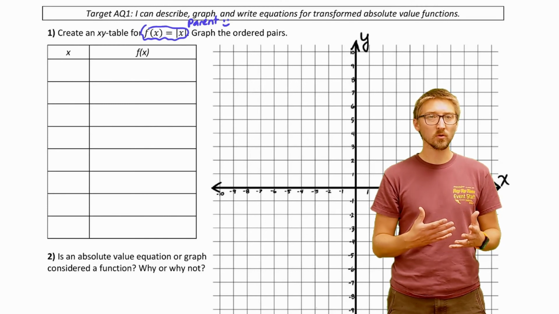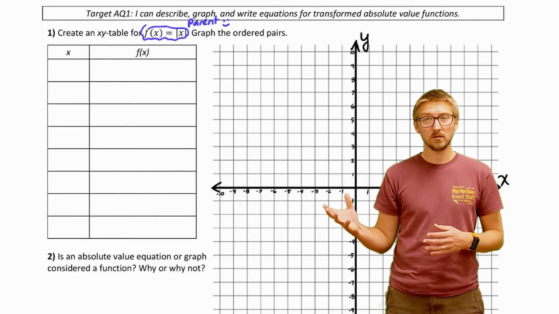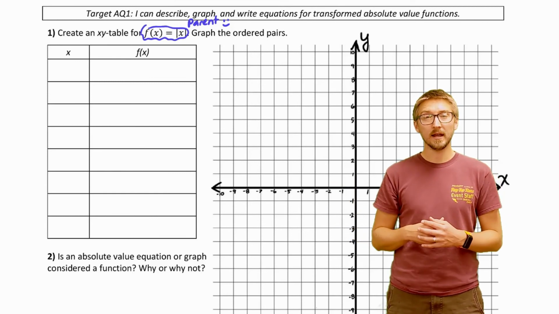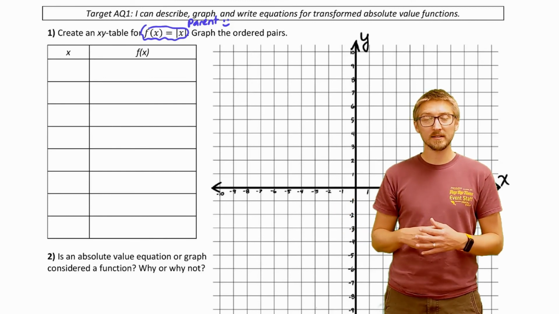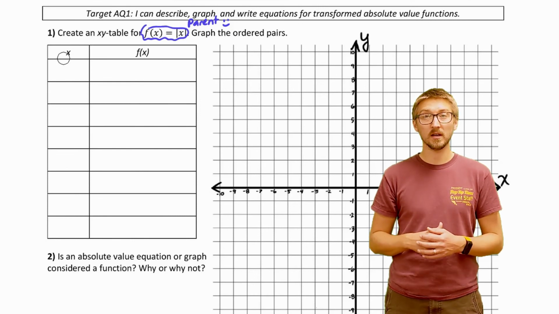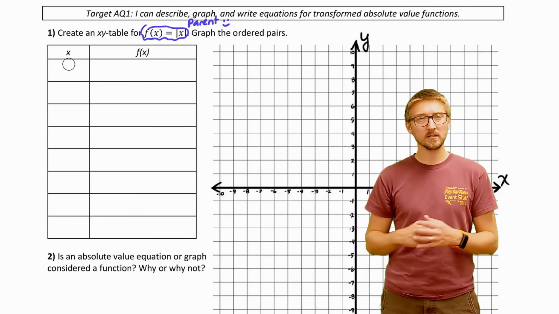If we're looking at the table, the left-hand column is all x values. And so we can essentially choose whatever x values that we want and put them in there. And then the second column over to the right is the f of x column, which, remember, f of x is just a fancy way of saying y equals. So we have an x and a y, and that's going to come up here in a minute.